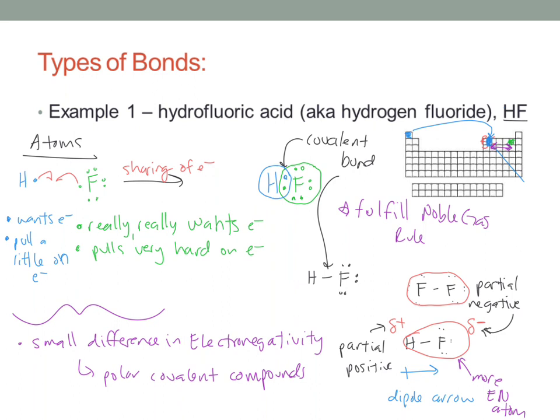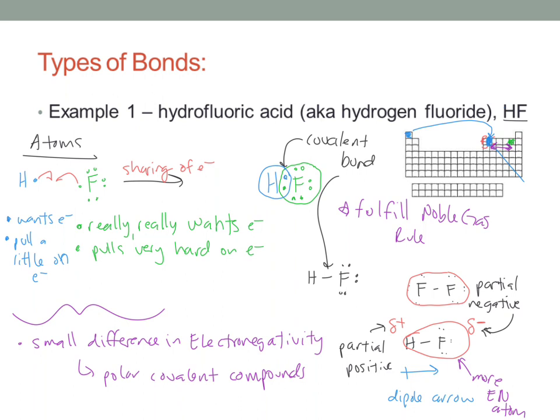And you notice when you draw these dipole arrows that there's this little plus sign on the dipole arrow. That plus sign always hangs out next to the atom that is partially positive, and the arrow goes towards the atom that's more electronegative, or in other words, the atom that's going to become partially negative. And so this is what sets up our polar covalent bond, the idea that we have this pole because we have a partially positive side and a partially negative side of that bond.